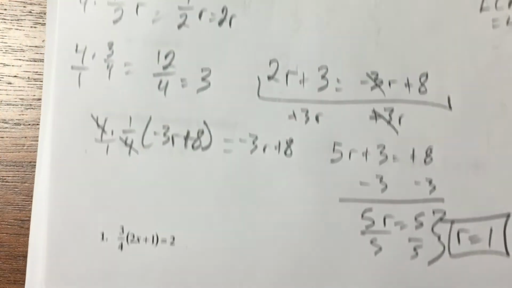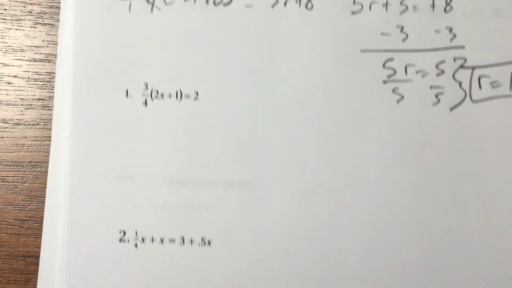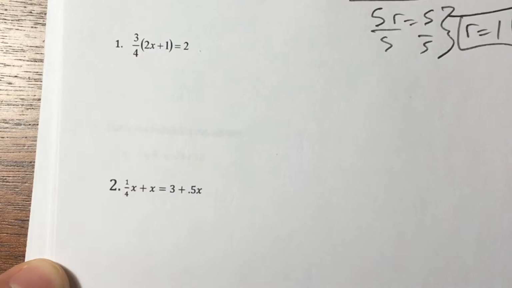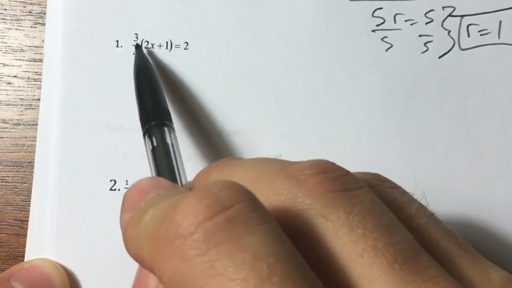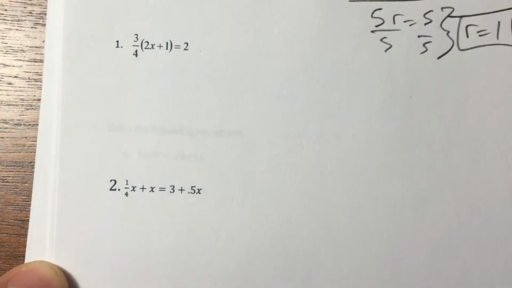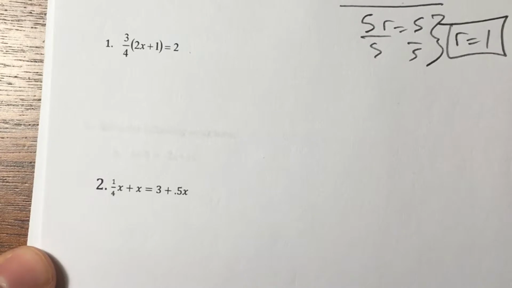Now we can look at a couple more examples. Here we have number 2. In number 1, we have 3/4 being distributed to 2x plus 1, and on the other side of the equal sign we have a positive 2. Now, rather than distributing, I'm going to want to multiply everything in this equation by the least common multiple of our fractions.